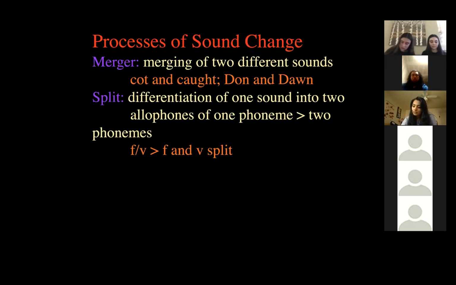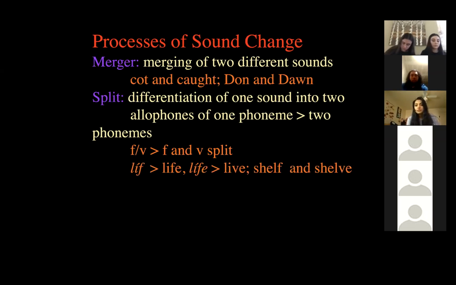And if you think of the word, right, let me think, leaf and leaves and half and halves, those were actually just allophones of one phoneme. They were originally understood to just be one single phoneme. They were not separate letters originally. They became two separate phonemes, F and V, actually, over time. So that's an example of a split.